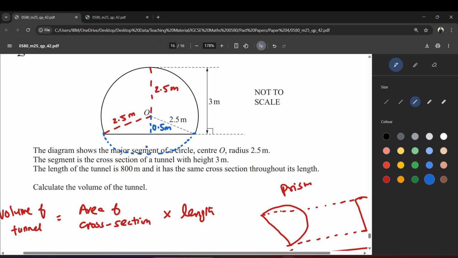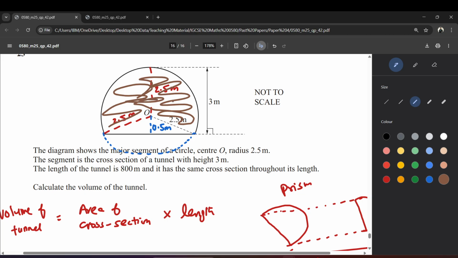So this is a sector. If I can work out this angle, then from it I can work out this reflex angle. Once I have this reflex angle, I can work out the area of this part of the sector.